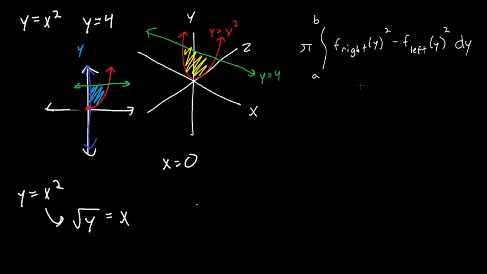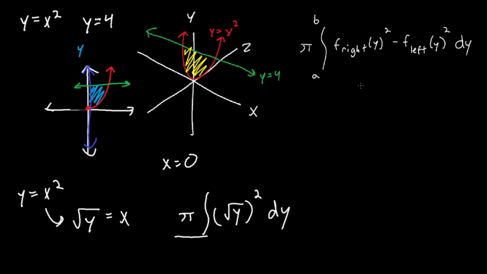If we set up our integral, pi times our right function bound, which is the square root of y, squared, minus our left function boundary, which is simply 0. If your left bound is 0, then it's just a disk, so we can ignore it.